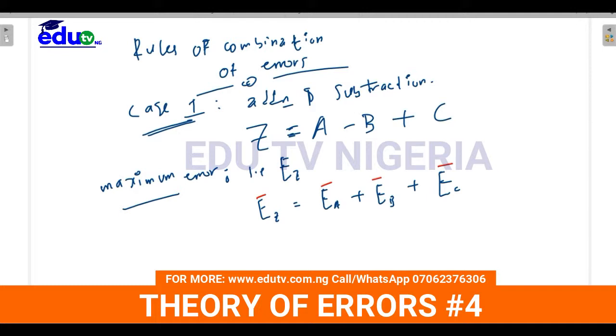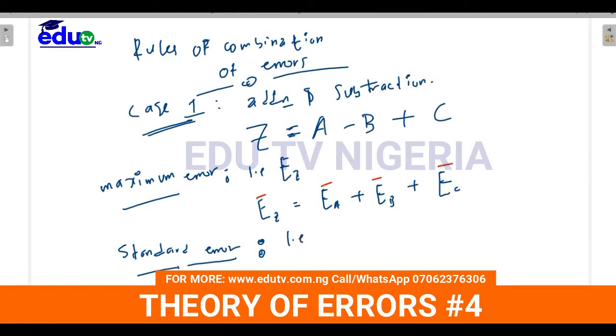Alright, so for standard error, like I said before, it is the root sum of squares.